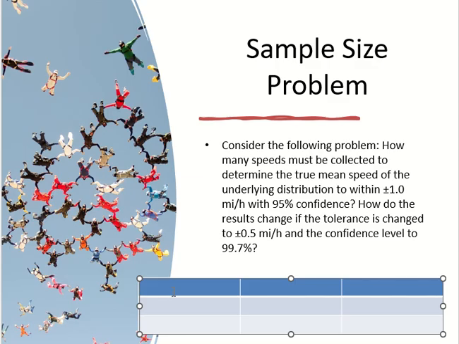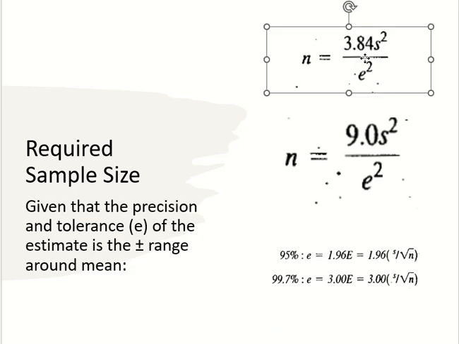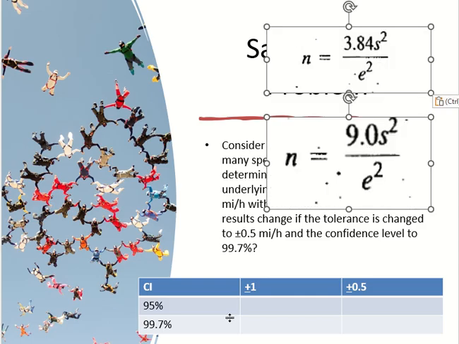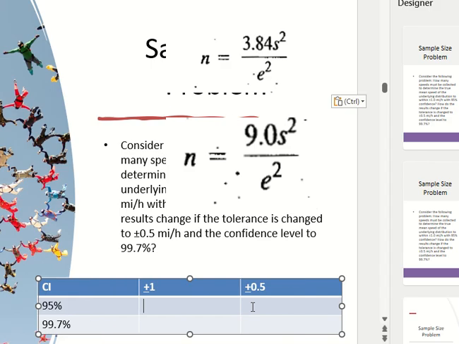So I will calculate number of samples, confidence interval, and the error will go here. Error is once plus minus 1, the other time it is plus minus 0.5. The confidence level 95% or 99.7%. Okay, these are the equations I've been using. Okay, tell me value for each case.